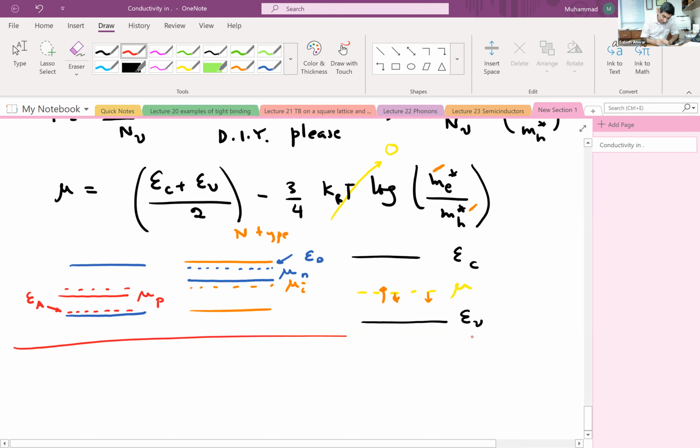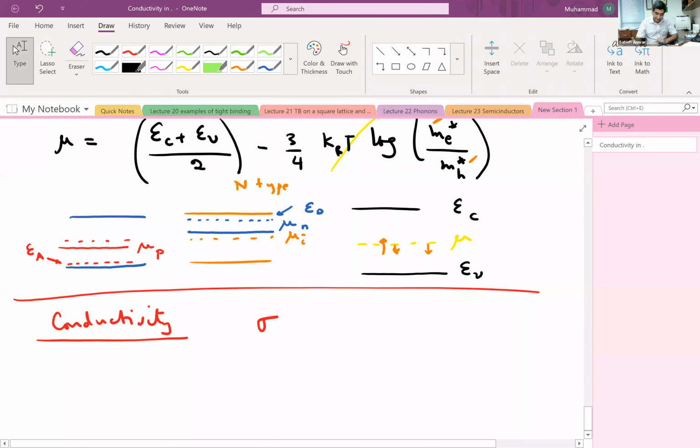So now if I look at the conductivity, let's denote the conductivity by sigma, and I know that the conductivity is coming from the electrons. So I need the mobility of the electrons, I need the number of electrons, and I need the charge on the electron.